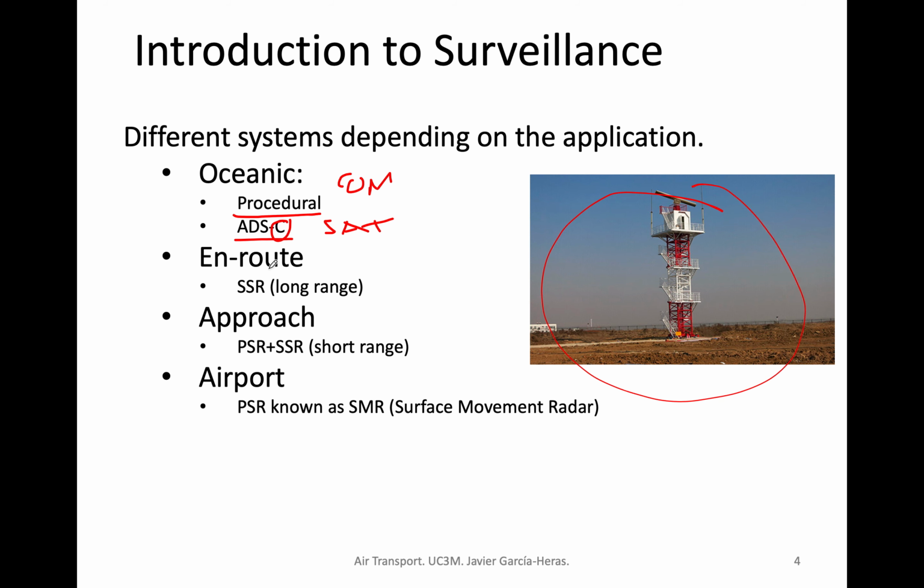En route, well, just for you to notice, this is the SMR, a surface movement radar, and typically the technology is like the primary surveillance radar, just interrogating to get the traffic in the surrounded area of the airport.